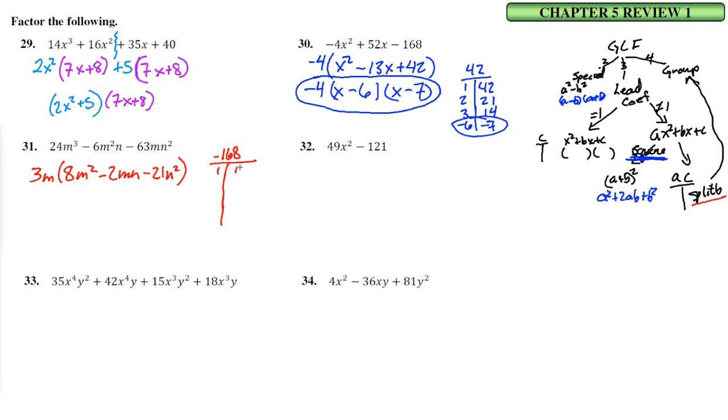So 1 and 168, 2 and 84. Does 3 go into that? Yeah, I think 3 goes into that, 56 times. Then 4 would certainly go into it, 42 times. 5, no. 6 will go into it 28 times. 7, does 7 go into it?